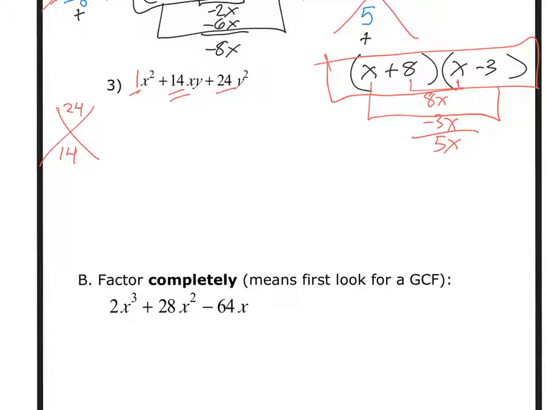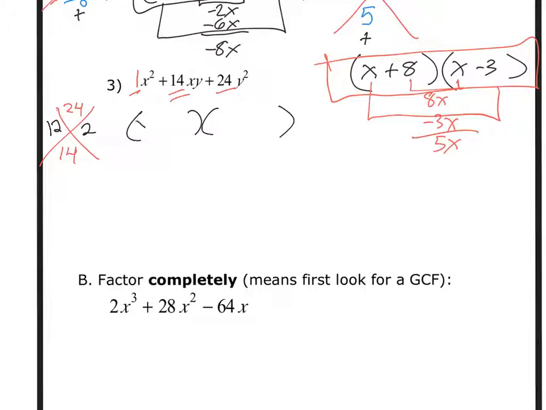Two numbers that multiply to give you 24 and add up to 14. So those two magical numbers are what? Perfect. 12 and 2. We are on fire today. So let's throw in our parentheses.